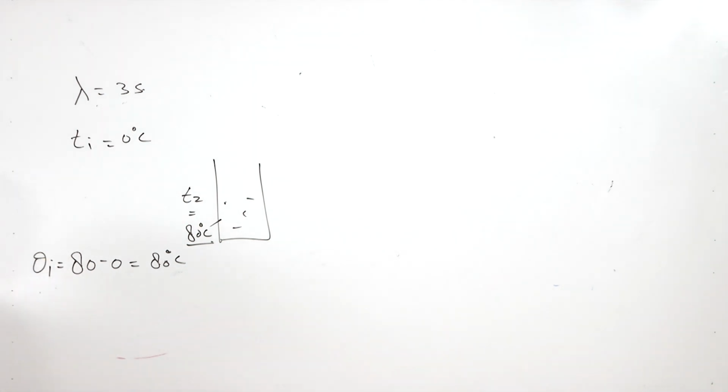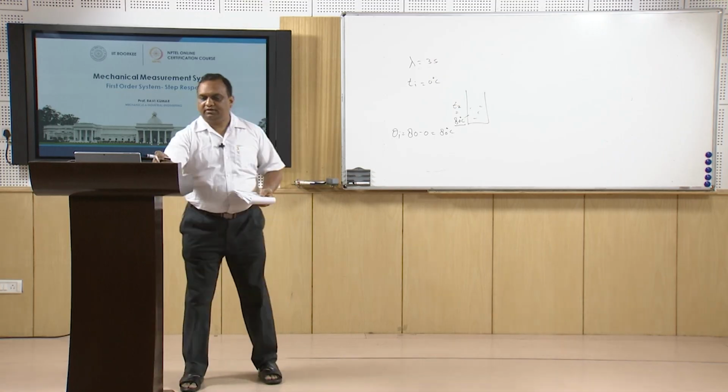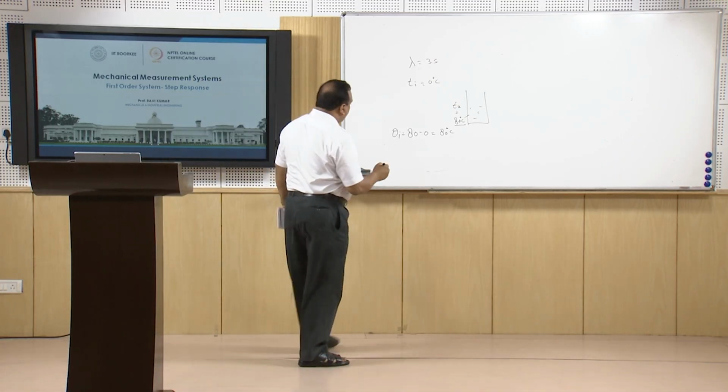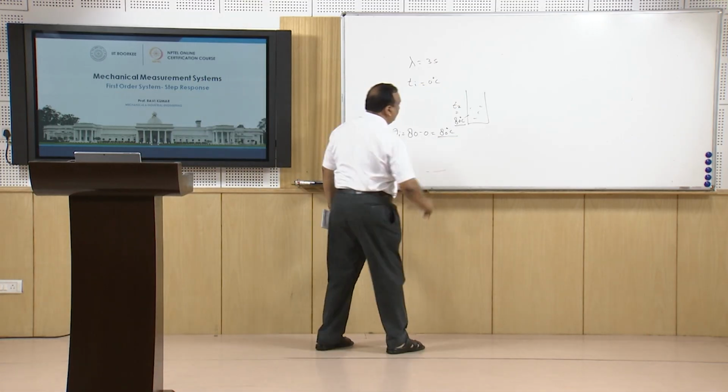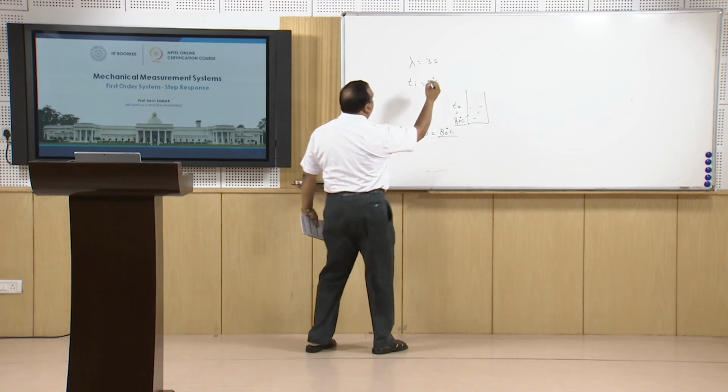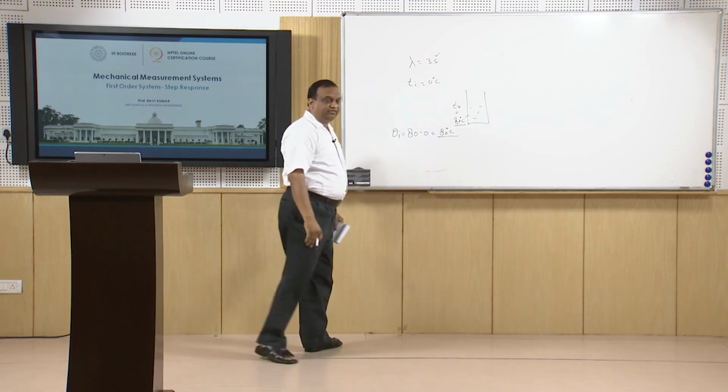This is the input. If it had been 10 degree centigrade, the step input would have been 70 degree centigrade. Had it been 20 degree centigrade, it would have been 60 degree centigrade. So the input is 80 degree centigrade, and the time constant is 3 seconds.